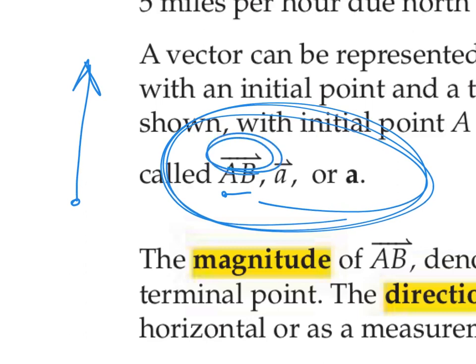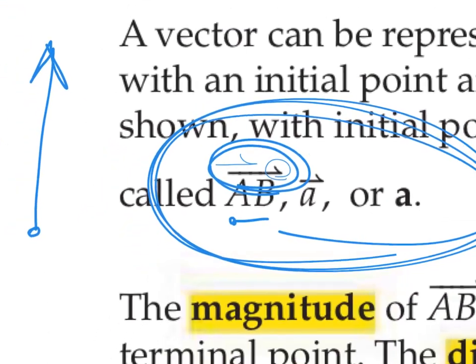Look at this little symbol here. Notice that the arrow only has one side of it instead of two sides, and it's kind of curved as well. So if you can see, it curves right here. It's like a straight line and then it curves backwards like that. So that's the symbol for a vector. So you can call something vector AB.